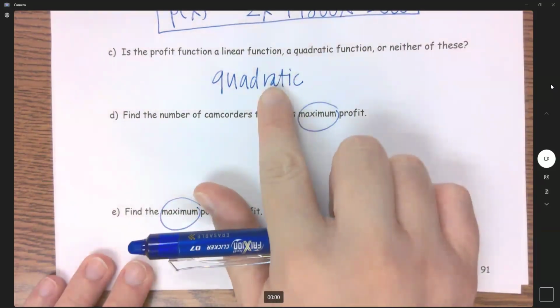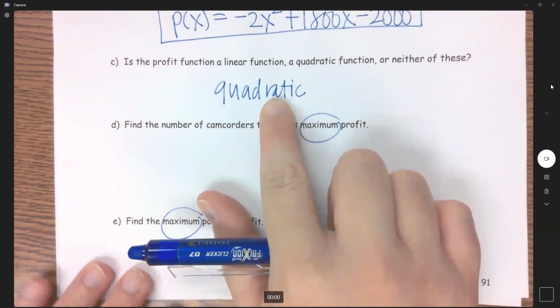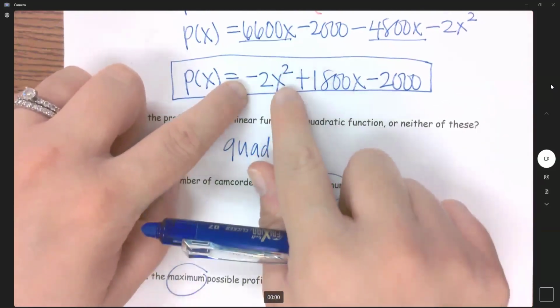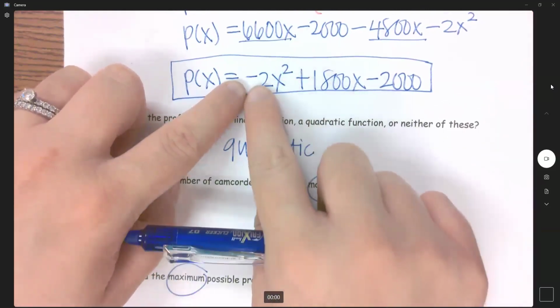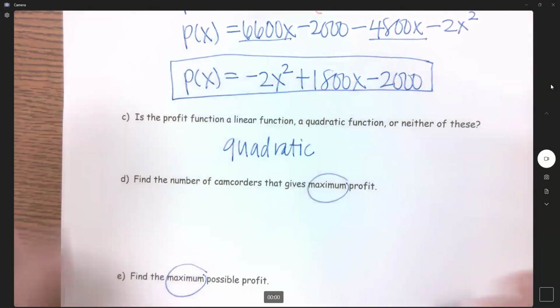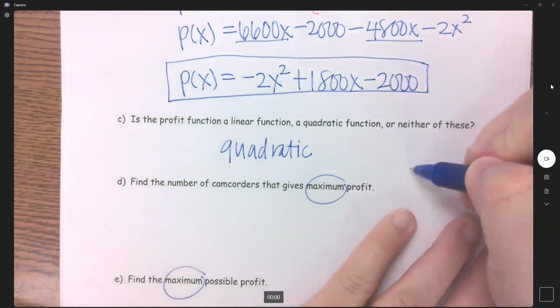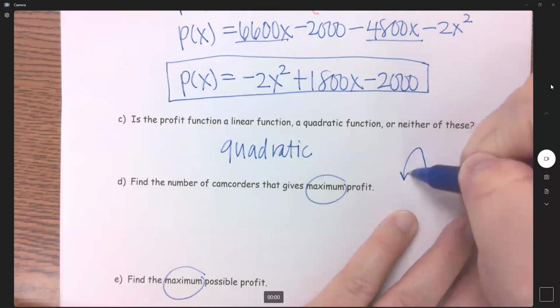Because we're talking about a quadratic here, that should ring a bell. If this is a quadratic, that means it's going to be a parabola. And because this A is negative, that means this parabola is going to be opening down.